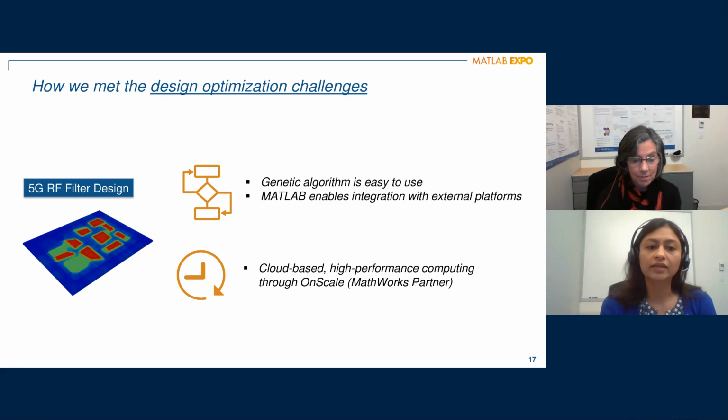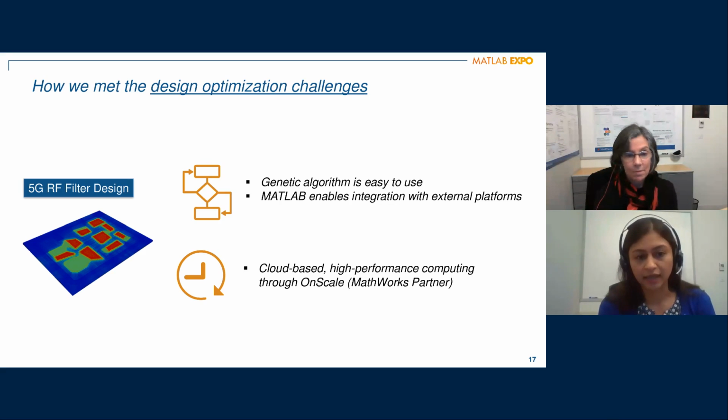And the direct integration of MATLAB with the external platform made it easy to run the simulations from MATLAB. And the second problem was the time required for these CAD simulations or FEA simulations, expensive simulations. It was possible because the integration was tight, and OnScale is very good at handling these kind of large-scale engineering problems.